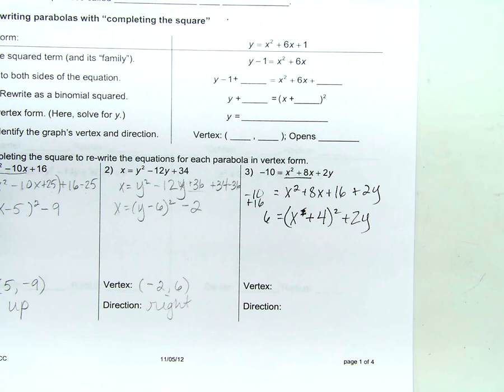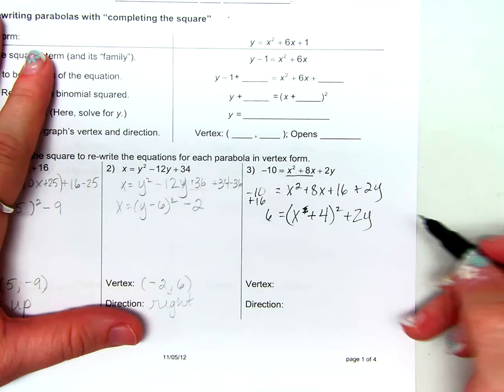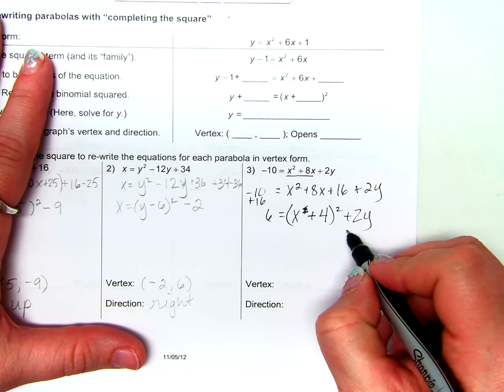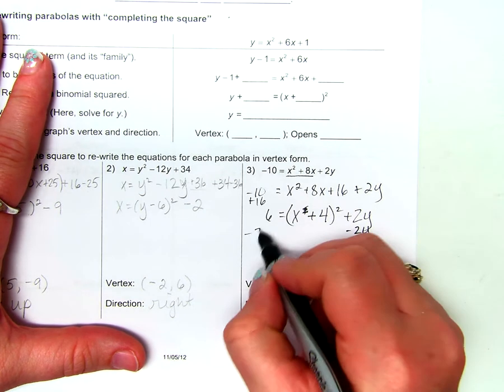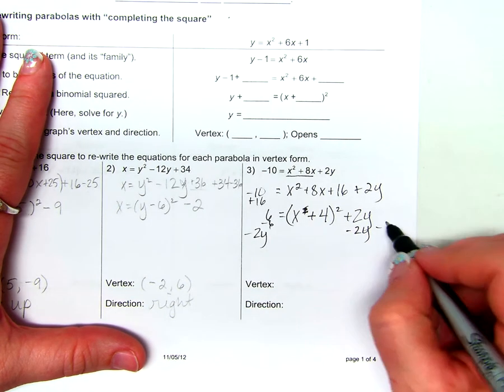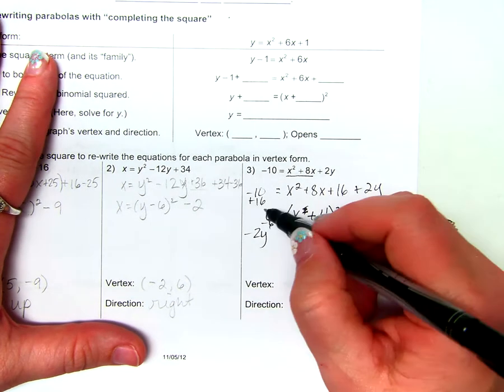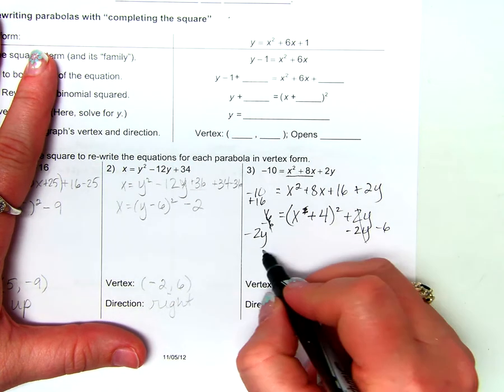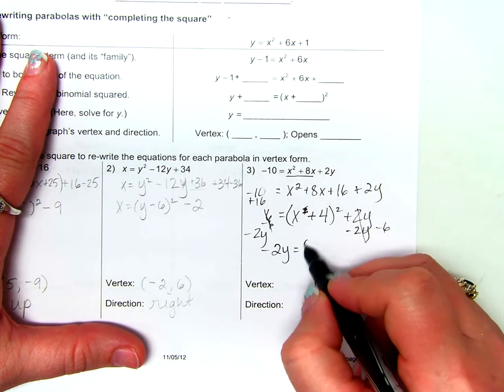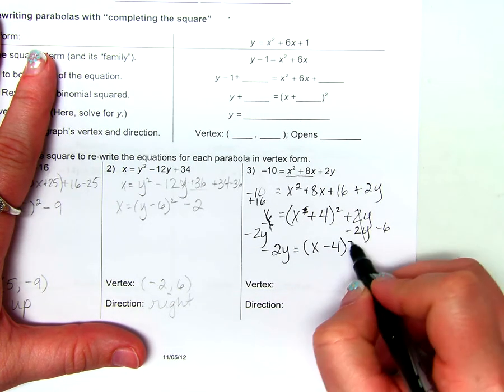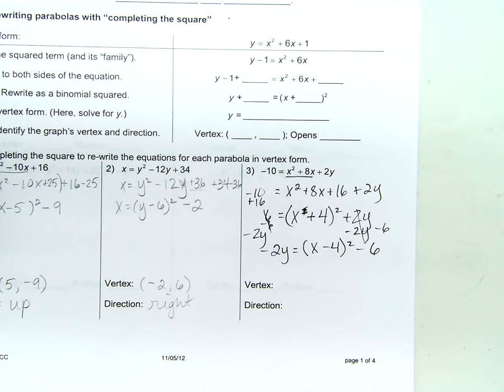If this is a parabola, this is not in the correct form, is it? Y needs to be by itself. So I need to subtract 2y from both sides and subtract 6 from both sides. Negative 2y equals x minus 4 squared minus 6.